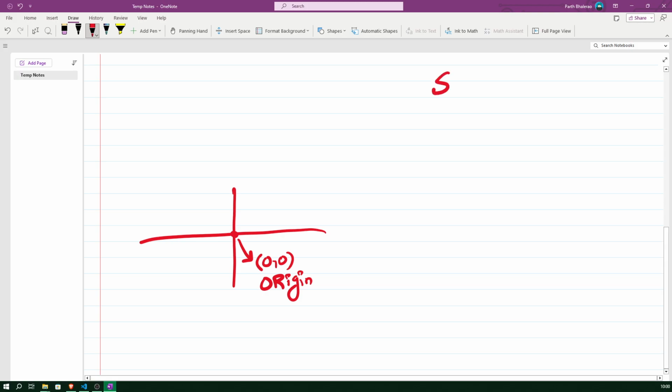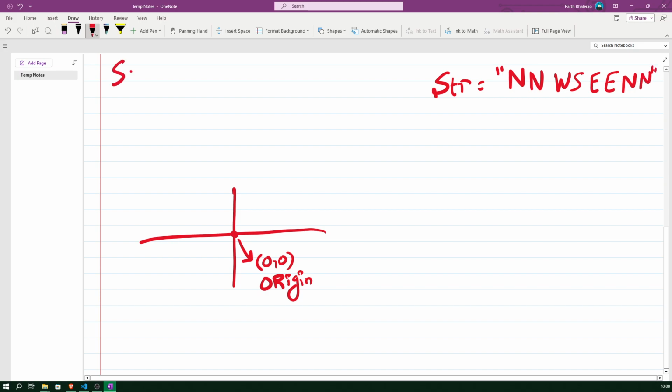We will be given a string, and the string will have only 4 characters. So let's suppose the string is N W S E E N N, something like this.